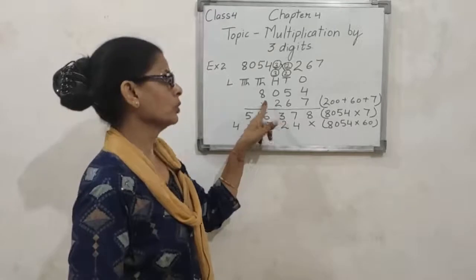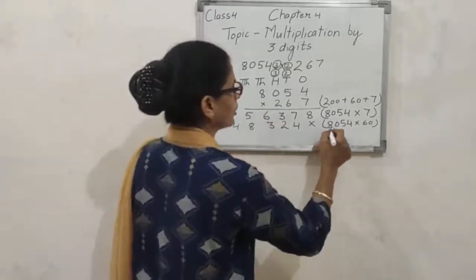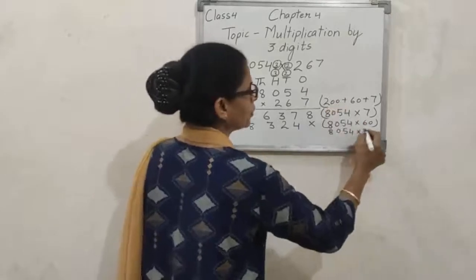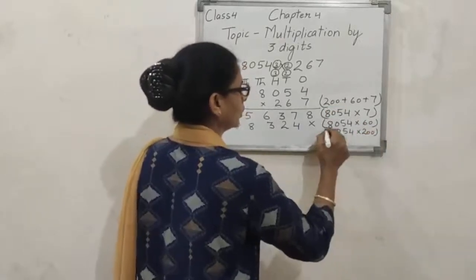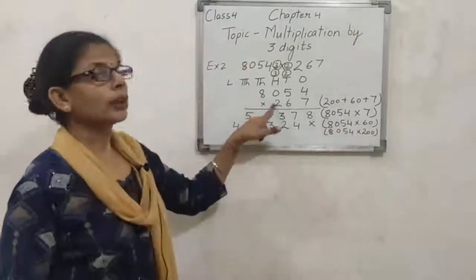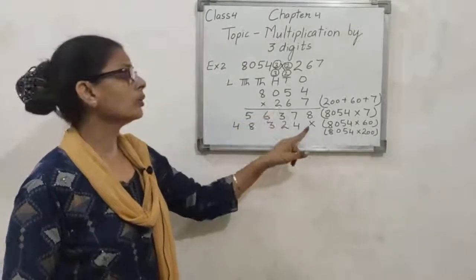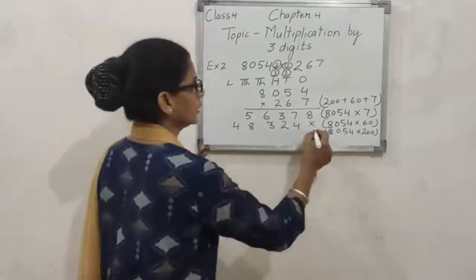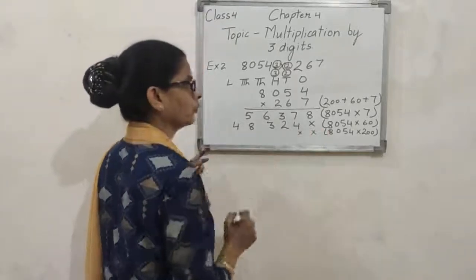Now we have to multiply by the 100 place. 100 place is 2. So we have to multiply 8054 by, what is the expanded form? 200. Now we are multiplying by the 100 place, so the ones and the tens place will be replaced by cross or 0. Right?